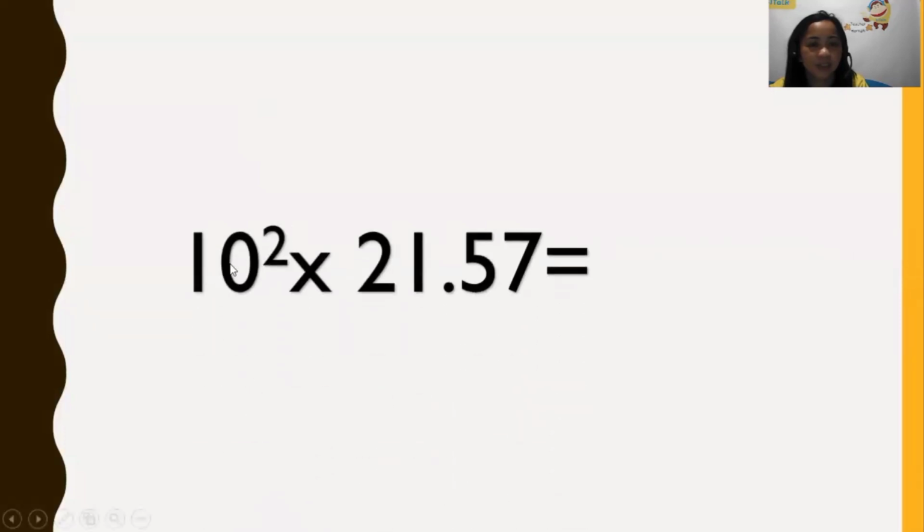Next example, we have 10 squared times 21 and 57 hundredths. Ang shortcut, ito yung exponent, 2 decimal places. So the answer is 2,157.